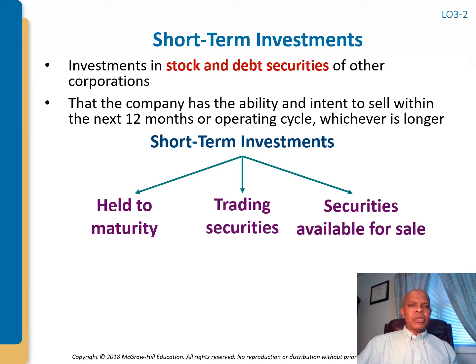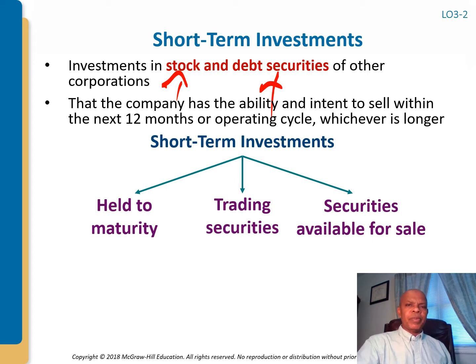Short-term investments are investments in stocks and debt securities. We know what they are. You buy stocks or buy bonds. Debt securities are bond-type items. These are investments that the company has the ability and intent to sell within the next 12 months. That's the short term, or the operating cycle, whichever is longer.